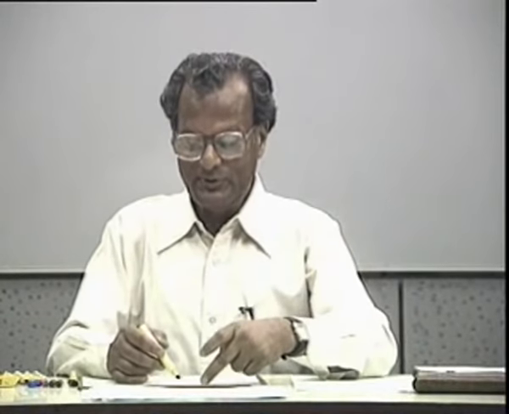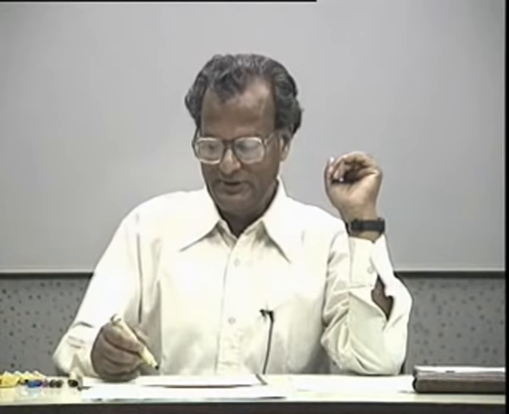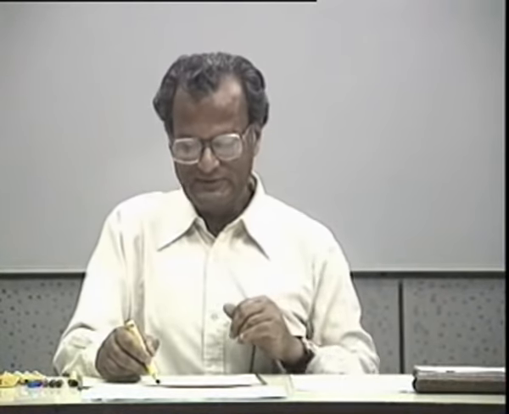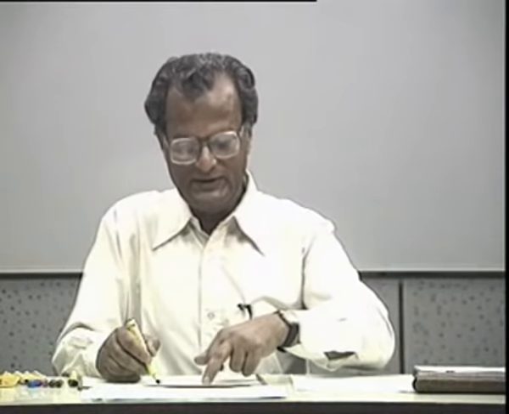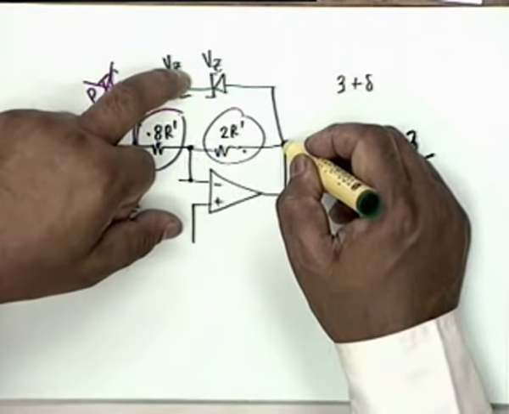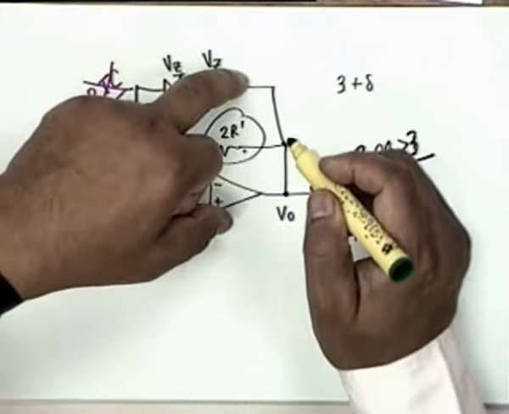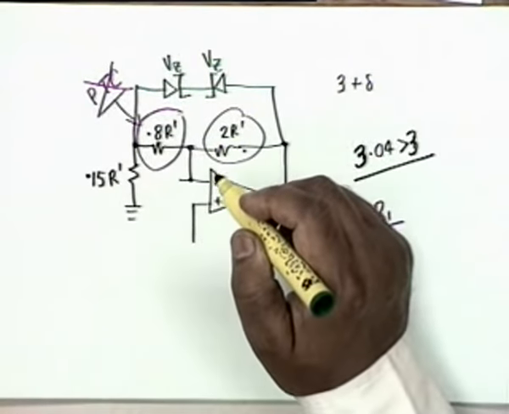When the oscillations build up, both the Zeners are non-conducting, they do not conduct, till the amplitude of oscillation rises to Vz, not exactly Vz, Vz plus 0.7, agreed, because if this is positive and this is negative, then this conducts in the Zener region and this diode conducts in the normal region.